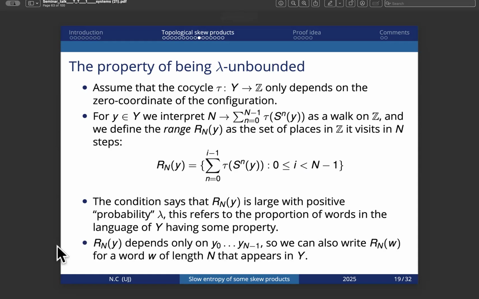Because we assumed that the cocycle only depends on the zero coordinate, to compute the range of a configuration we actually don't need all the configuration. This number depends only on the first n coordinates. So we can define the range for words: for a word of length n, we can compute its range up to n, the same n.